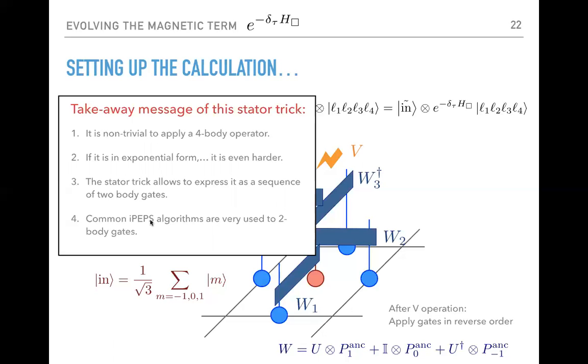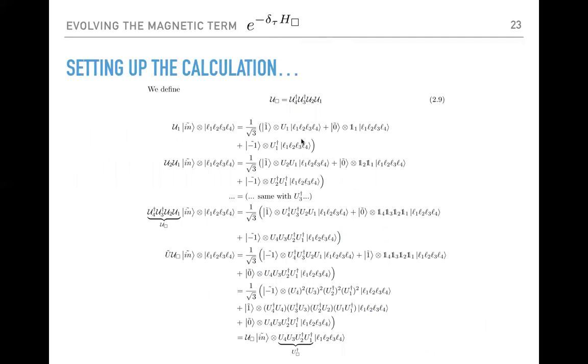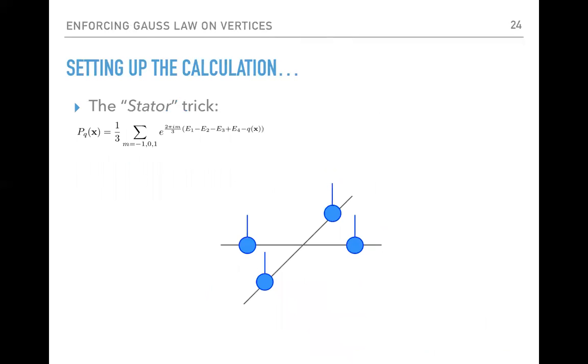The good thing is that common iPEPS algorithms are very good at applying two-body gates, but they are not good at applying four-body operators. So by writing it in this way, we were able to implement this four-body operator. This was a very crucial part of the project. Here is how it works, if someone is interested, but we don't have to go over it now.